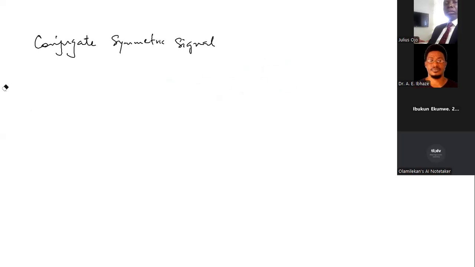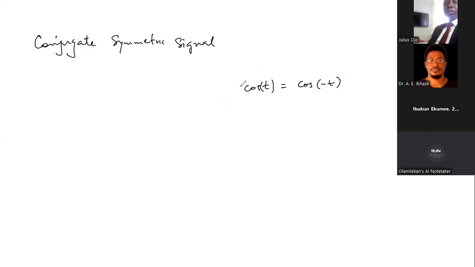Now, for the even signal, what we said is that just recall your cos t is the same as cos minus t, right? So it means that if I take the cos of a negative value, it's more like it takes the modulus of it and still gives me my positive value.